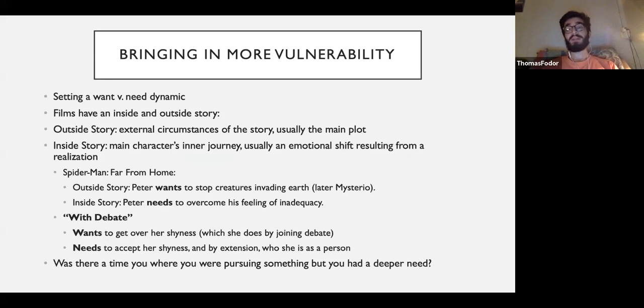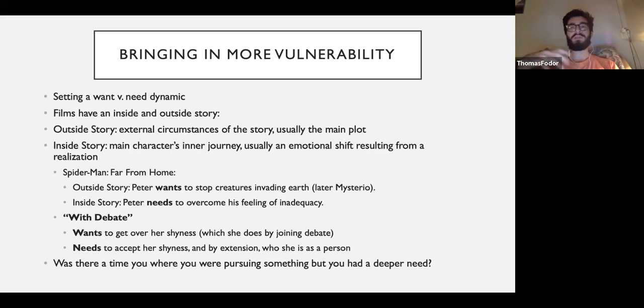If you look at basically any film, or really probably any story in general, what you'll find is that there's an outside story, an external conflict, but what you also see is an inside story or an internal conflict. The outside story is simply the external circumstances of the story, usually the main plot. However, the inside story is the main character's inner journey, usually an emotional shift resulting from a realization.